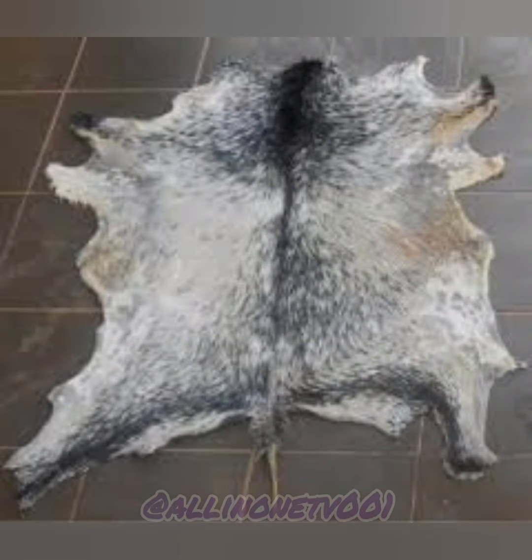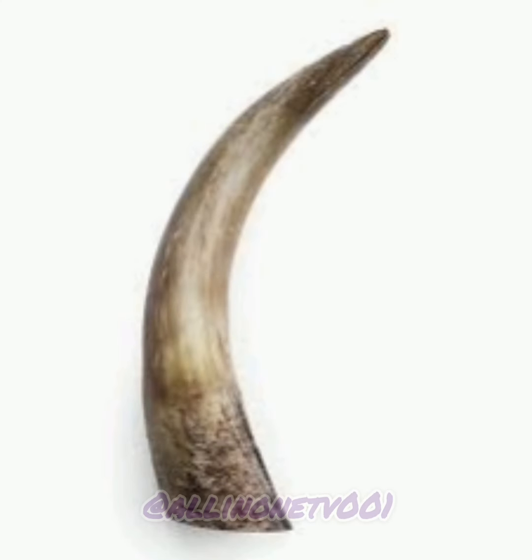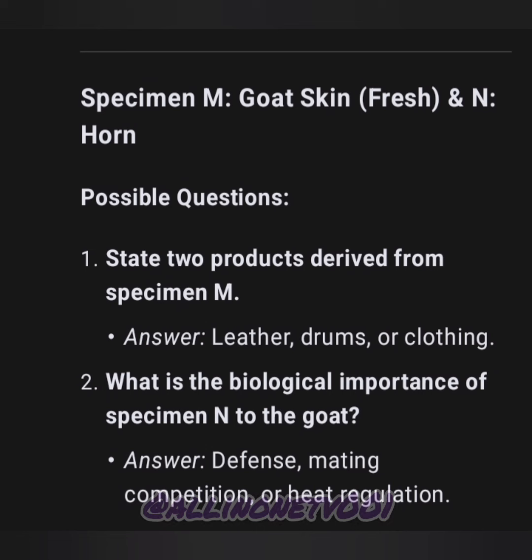Then specimen M is goat skin, fresh goat skin, and specimen N is horn. That is the last but not the least, horn. So the diagram and image of goat skin is here. Possible question for this: number 1, state 2 products derived from specimen M. The answer is leather, drum, or clothing.